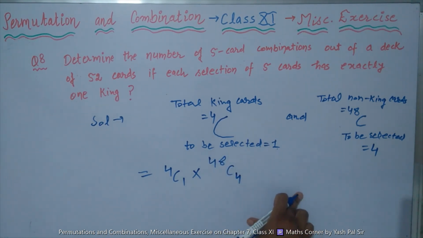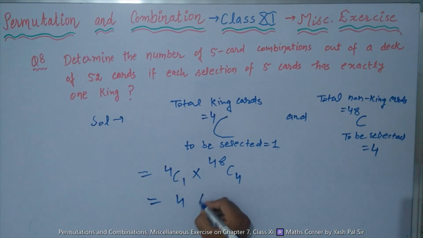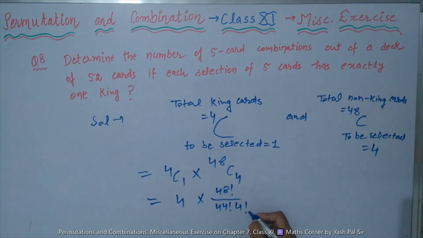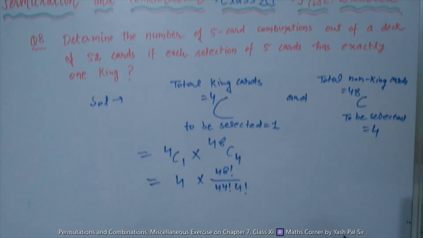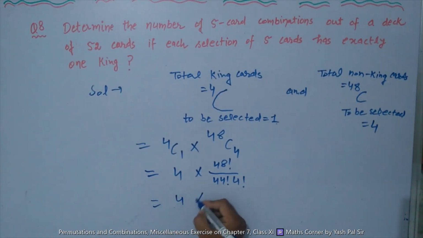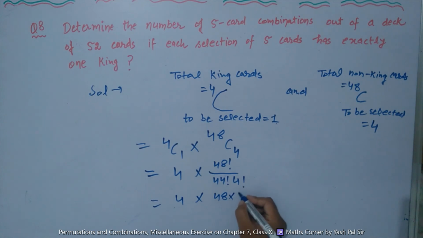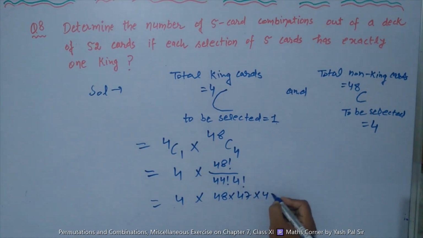So calculating this now, 4C1 mean 4, into this is equal to 48 factorial divide 44 factorial into 4 factorial, which is again equal to 4 into 48 into 47 into 46 into 45. 44 factorial will be cancelled. 4 factorial mean 4 into 3 into 2 into 1, right?